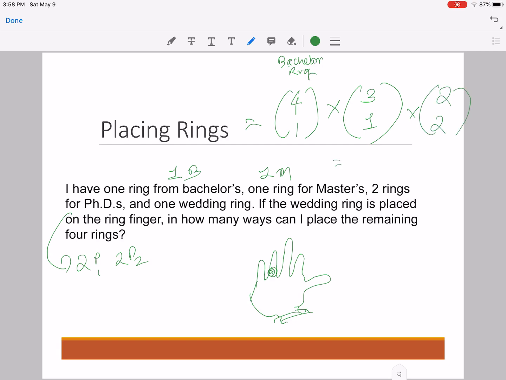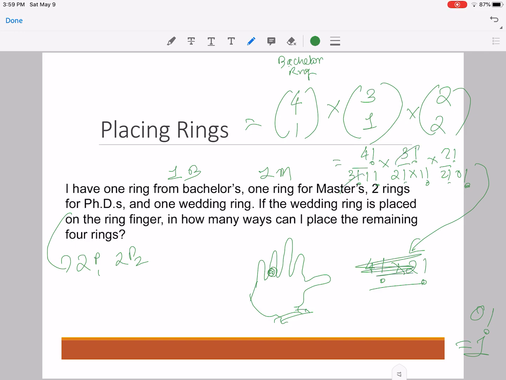And if I were to simplify this further, I get something like this: 4 factorial over 3 factorial times 1 factorial, times 3 factorial over 2 factorial times 1 factorial, times 2 factorial over 2 factorial times 0 factorial. In mathematics, 0 factorial is equal to 1. So if I were to simplify this, I will get 4 factorial times 2 factorial divided by, my apologies, 3 factorial cancel each other.